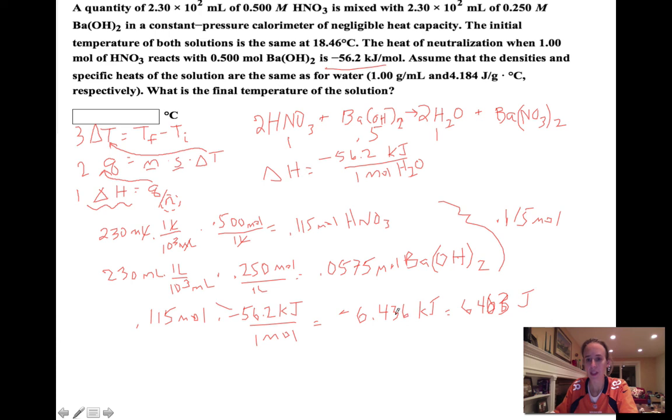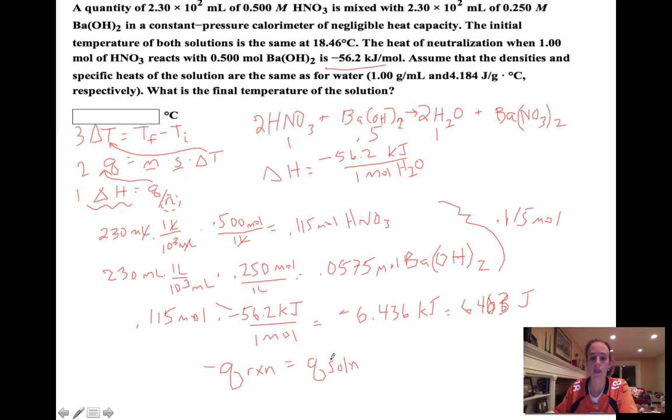So if that much heat is being released by the reaction, the heat given off by this reaction, and I'm going to use a negative sign here because it's given off, is going to be absorbed by the solution, basically by the water and whatever else is in there, the salt in this case. That water that makes up the majority of the solution is going to be absorbing that energy.